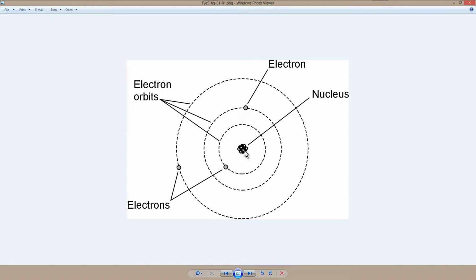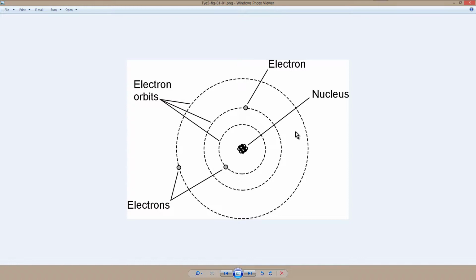Nucleus clumped together kind of like a raisin muffin. The little black things there represent protons with a unit positive charge, and the little gray dots here are the electrons with a unit negative charge, and the little white dots are neutrons with no charge at all, and the idea is that these electrons orbit around that nucleus.